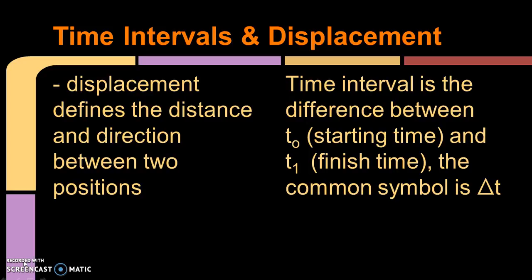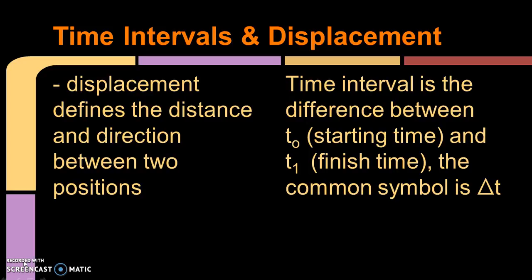We will now begin to compare motion in time. As such, we must acknowledge time intervals in regard to displacement or magnitude of a vector quantity. Displacement defines the distance and direction between two positions.